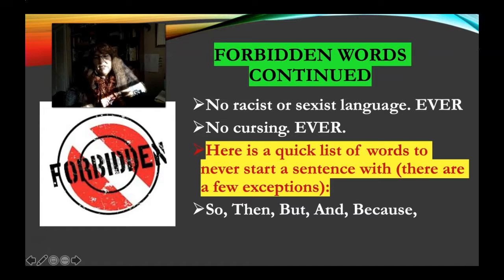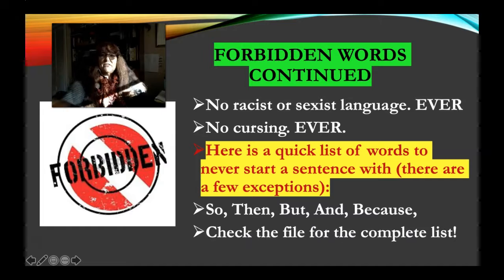Don't start a sentence with because. Just don't. Start with a transition. Avoid these. Those are really like bear traps. Sentences that start this way are rarely good. There's a file in Teams with a whole list of forbidden words, much more elaborate, which I'd like you to look at if you want to know more, or if you want to check through your paper.